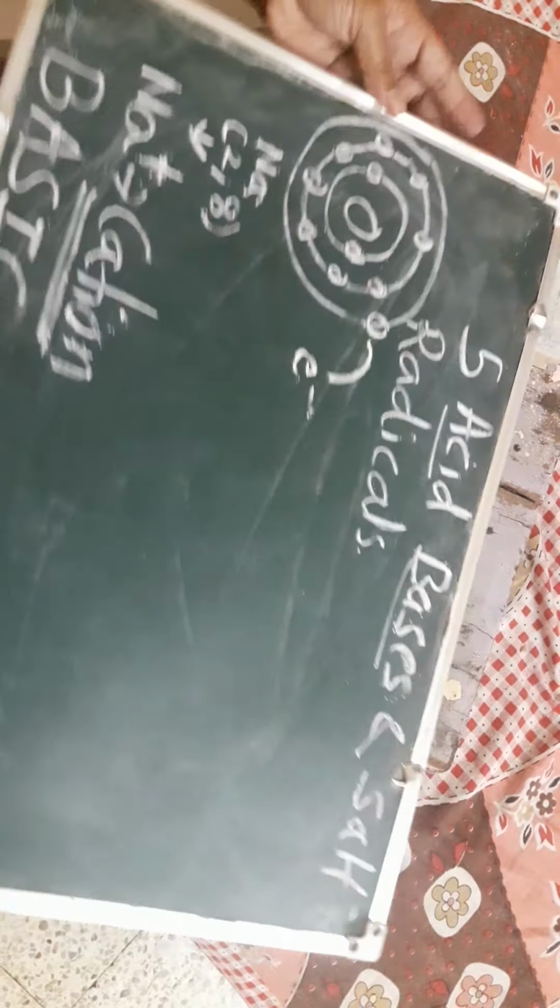So oxygen gains 2 electrons from another atom and becomes negatively charged as the number of electrons has increased. So oxygen forms the ion O2 minus. This negatively charged ion is known as an anion, and this anion is also known as an acidic radical.